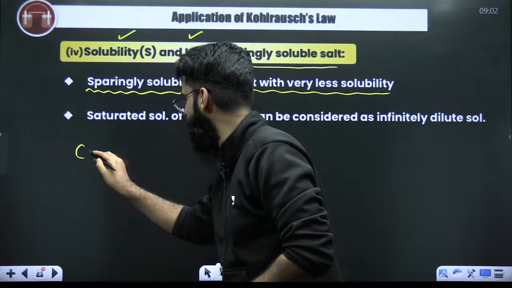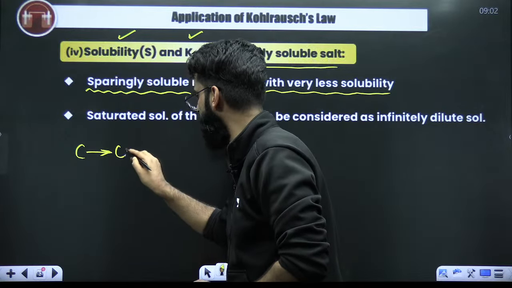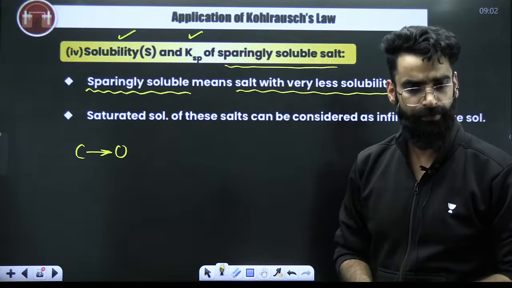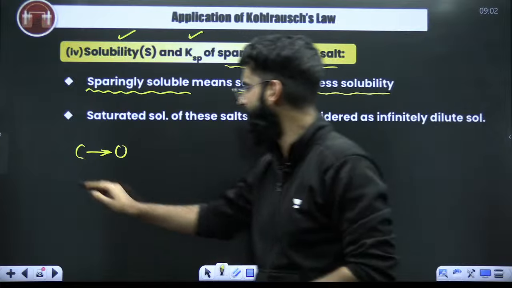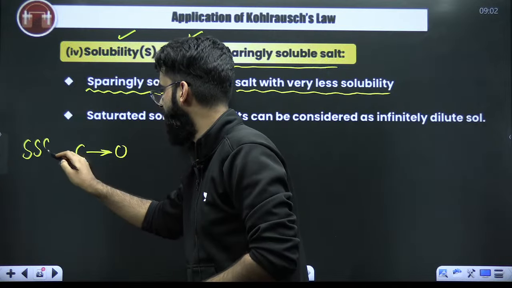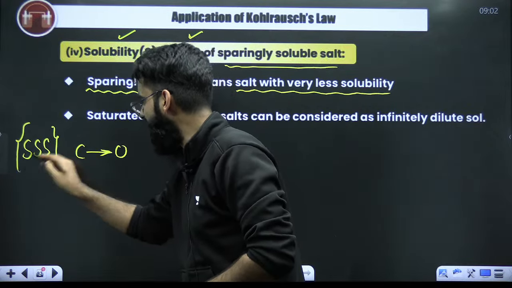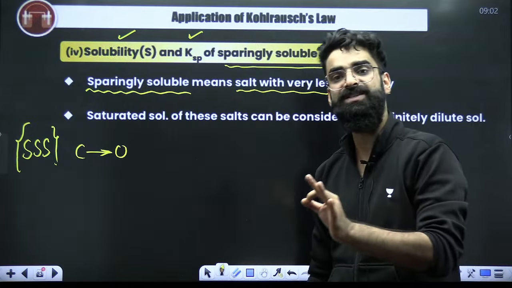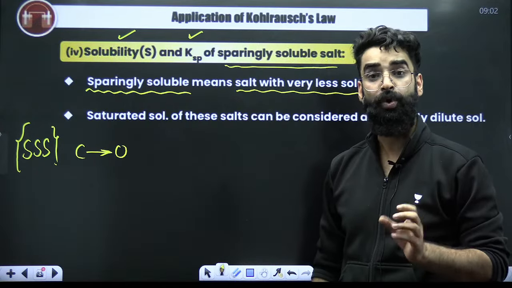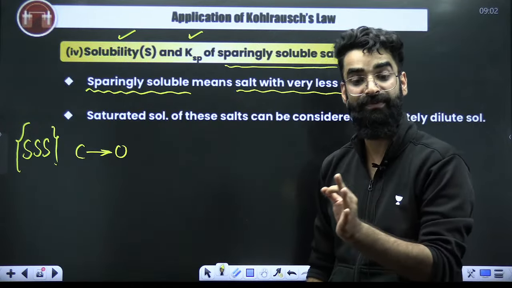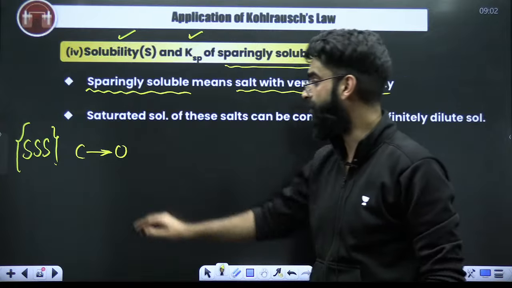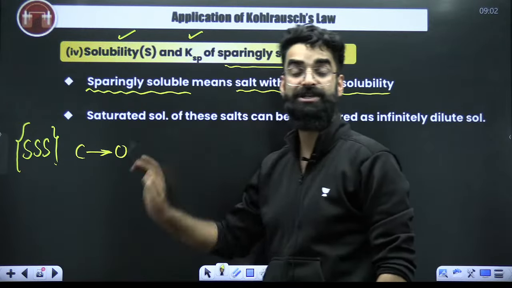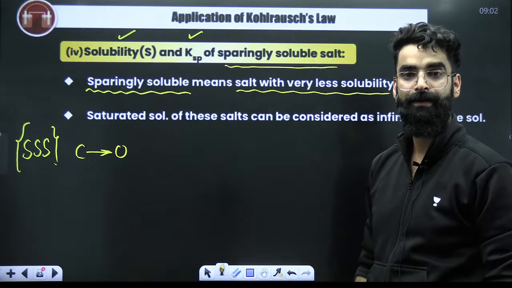Concentration of salt in the solution being very less means the concentration of the salt is approaching 0. So I would say the concentration of the sparingly soluble salt in the solution will be approaching 0.